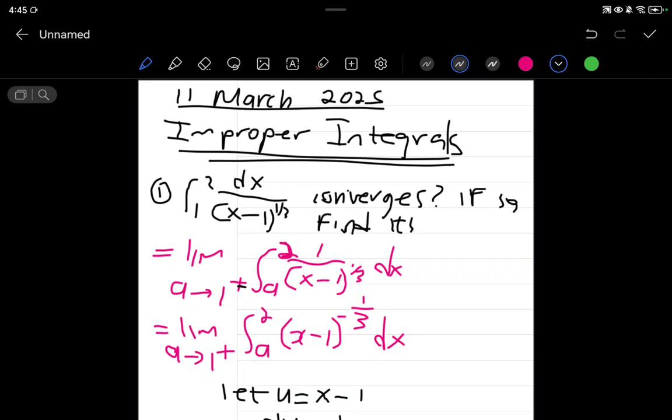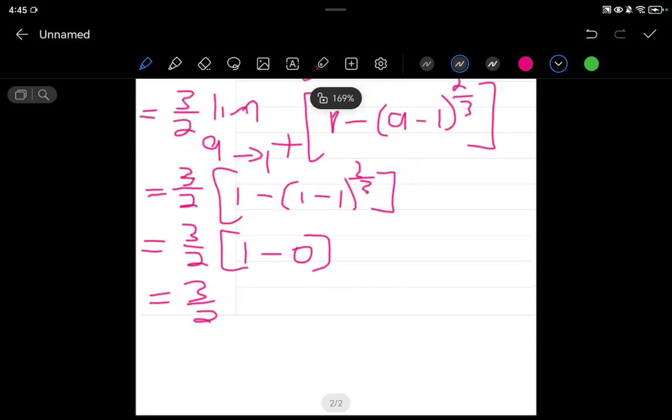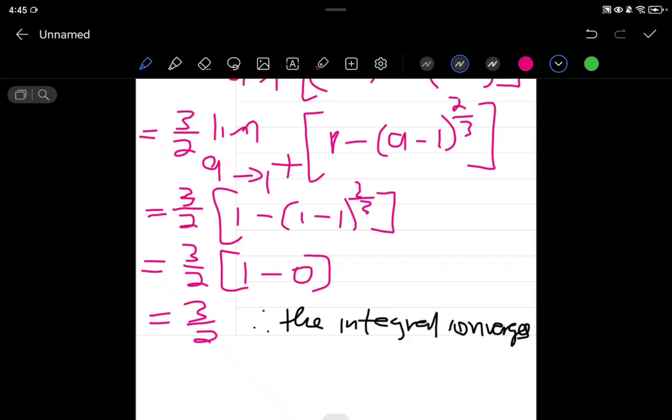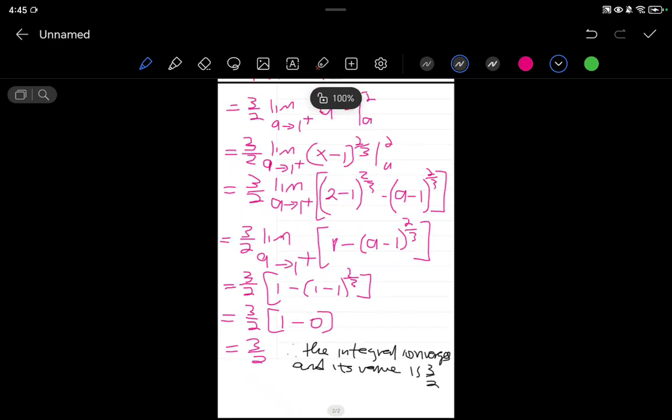I specified this last time. The value of the integral is 3 over 2. So we can say, therefore, the integral converges and its value is 3 over 2. Do you agree?